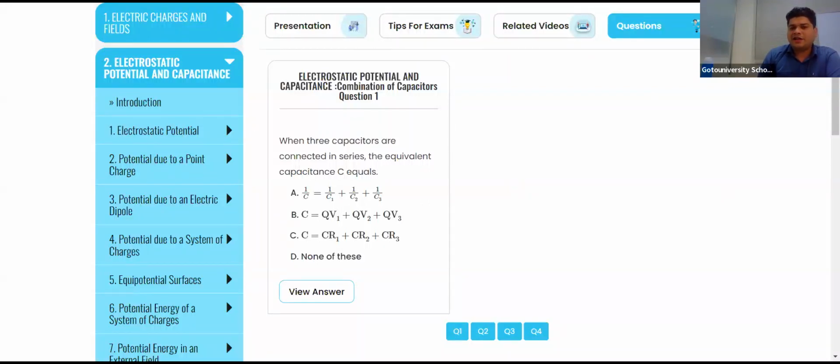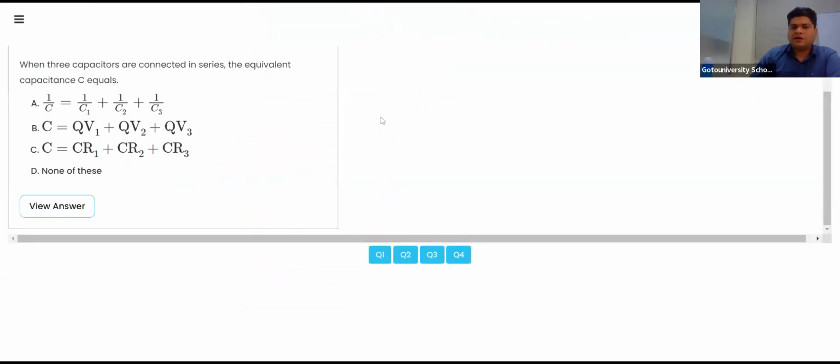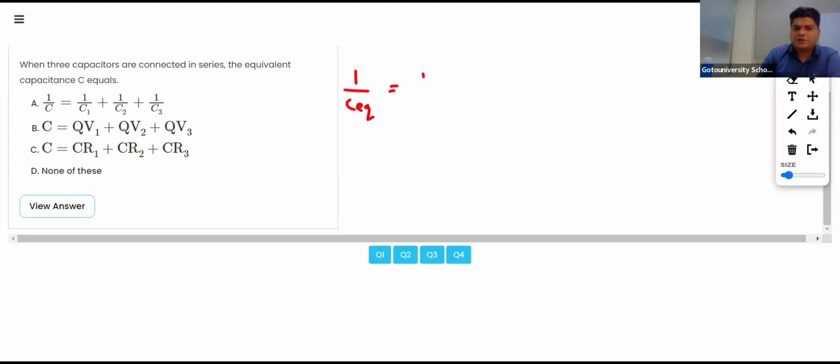When three capacitors are connected in series, the equivalent capacitance is equal to what? Remember, three are connected in series. We have 1 upon C equivalent is equal to 1 upon C1 plus 1 upon C2 plus 1 upon C3. Answer A.